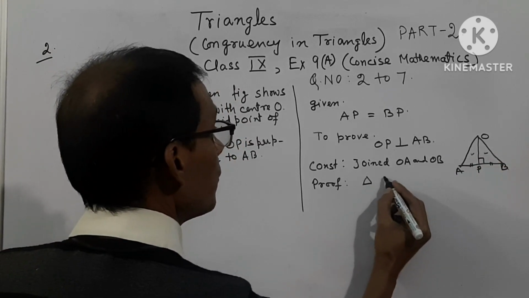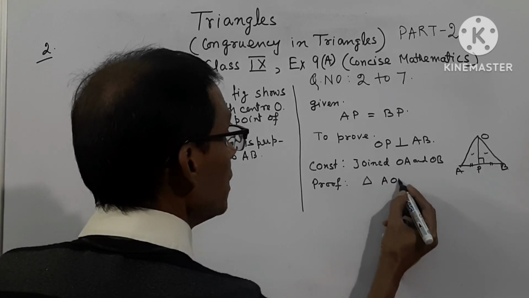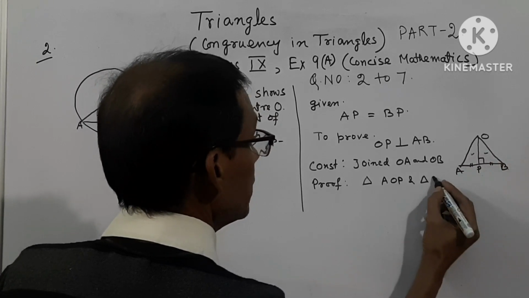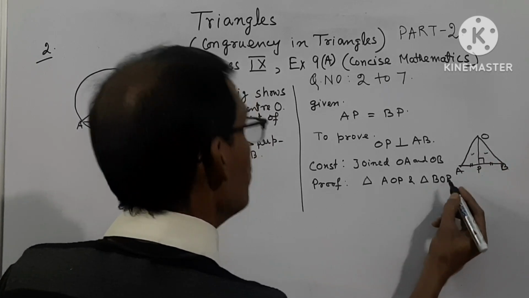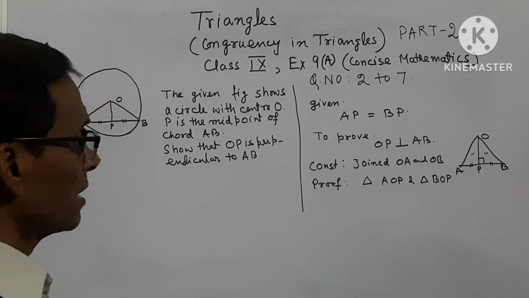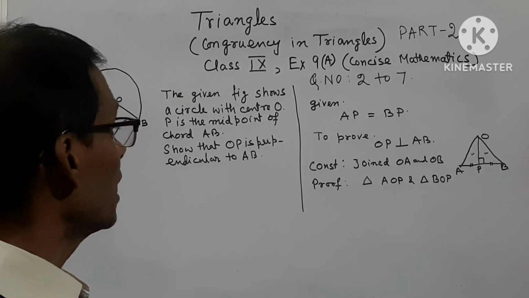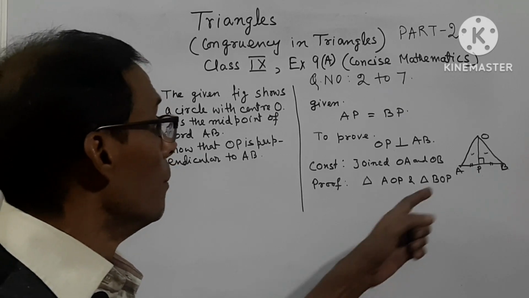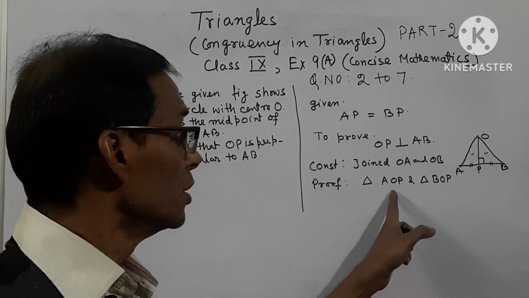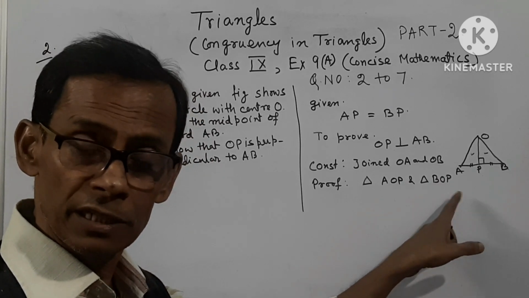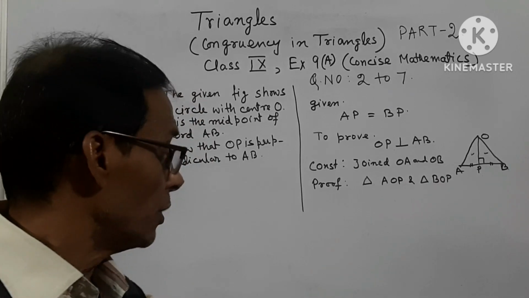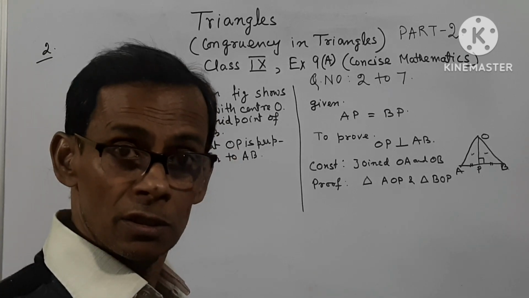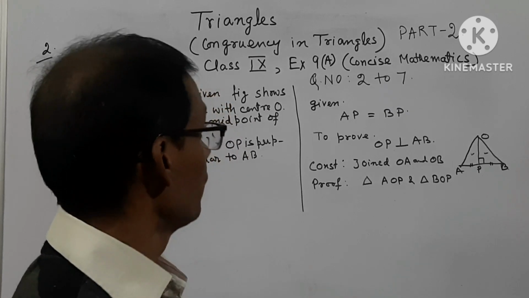In triangle AOP and triangle BOP, what are the things you see they are equal? In congruency, you have to make a few parts equal to a few parts of the other triangle, and check whether they come under the congruency criteria or not.